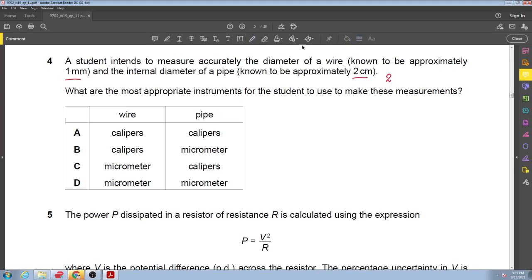For centimeter, it's better to use vernier caliper because of the smaller length, and this is a very small thickness, so we are going to use micrometer. Sorry, a misunderstanding here: for the pipe we are using caliper, and for the wire we are using the micrometer. So our answer is C for this.